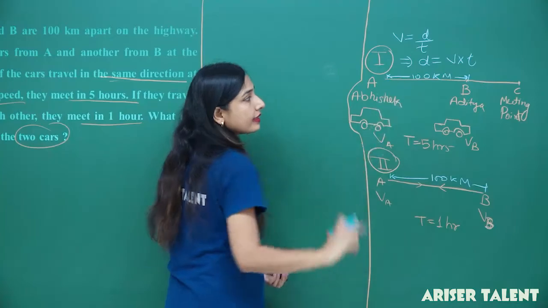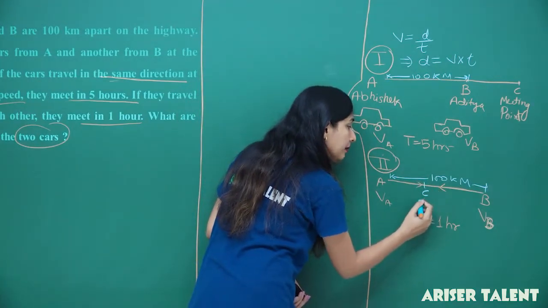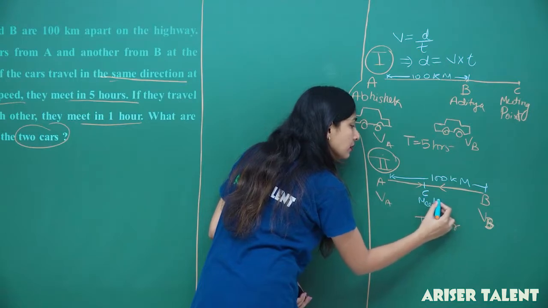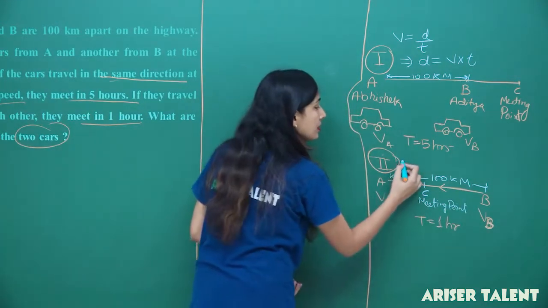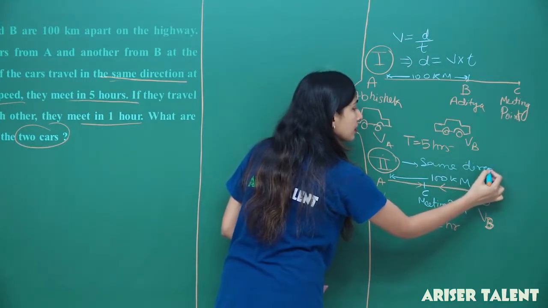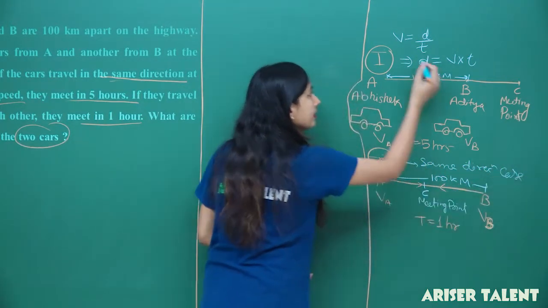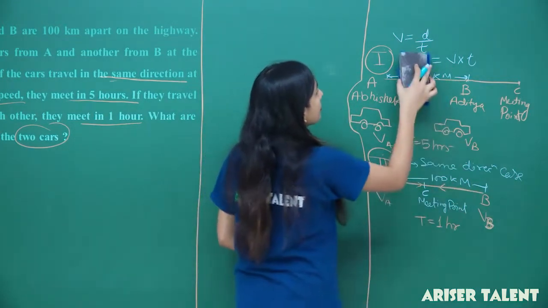If a point C is here, their meeting point, here it will also have a meeting point C. This is the same direction case, and this one is the opposite direction case.